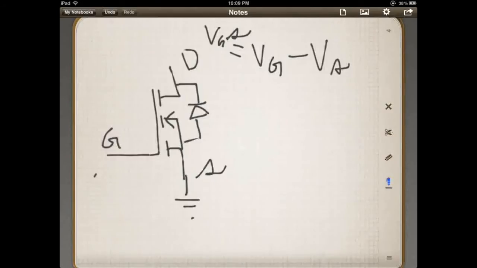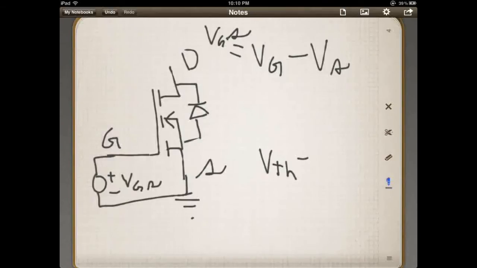Okay, so that means we're going to put a voltage source, plus minus, from there to there. That's going to be our VGS. Boy, it's hard to write with these iPad pens. Anyway, now most of these have a threshold voltage, VTH, that you have to overcome.